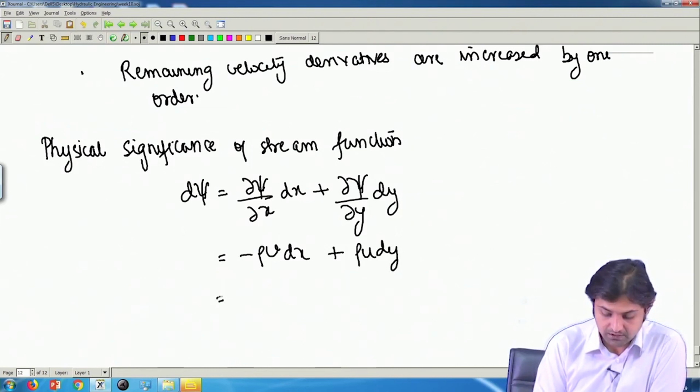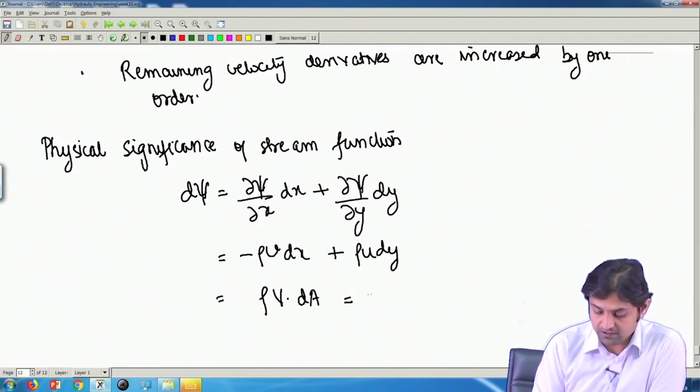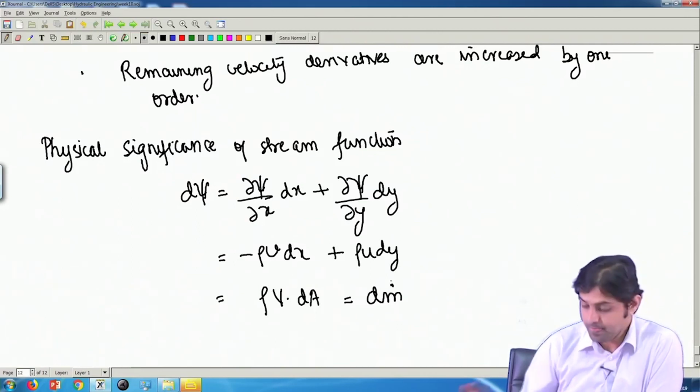All right, so this is nothing but rho V vector into the area vector, and this whole is mass flow rate.